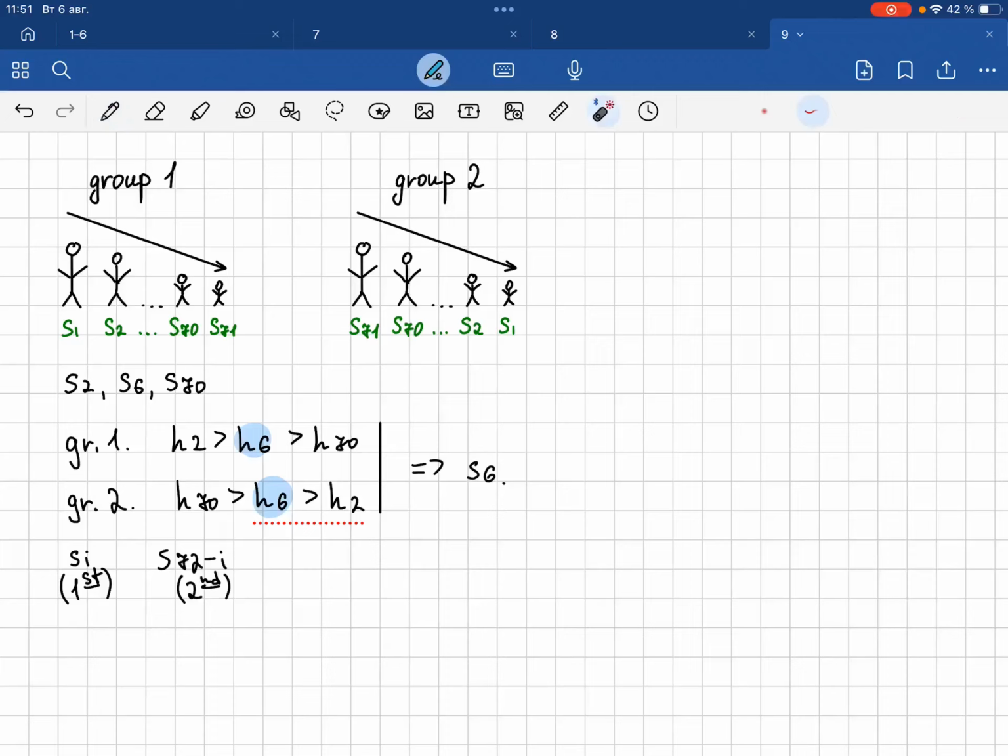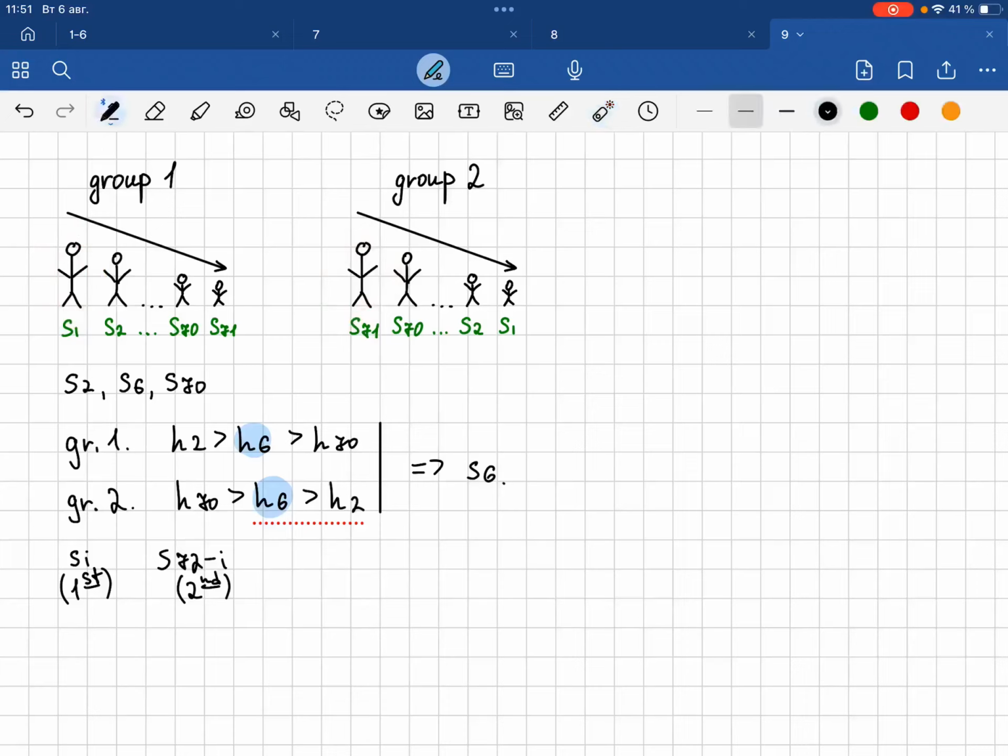Let's see an example. If i is equal to 1, then here we have S1 and here S71. And we can see that the student S1 from the first group and the student S71 from the second group have the same height.